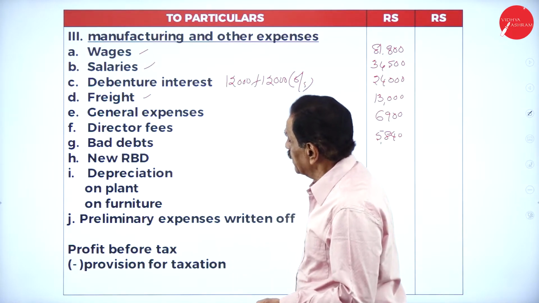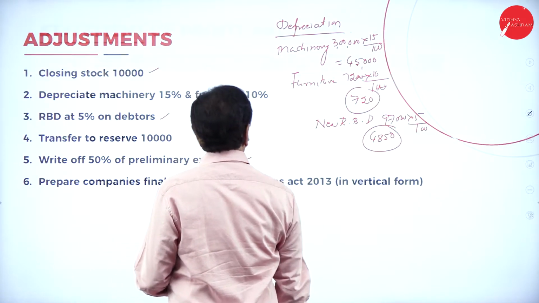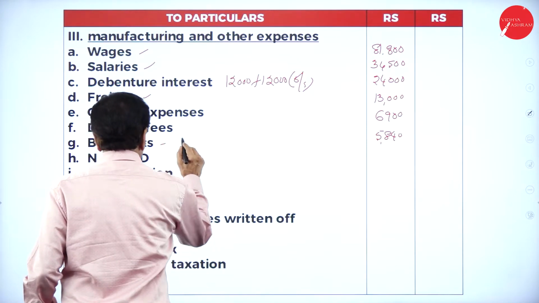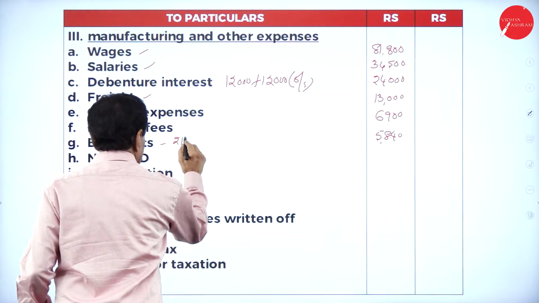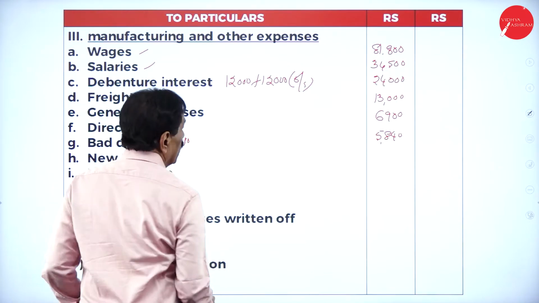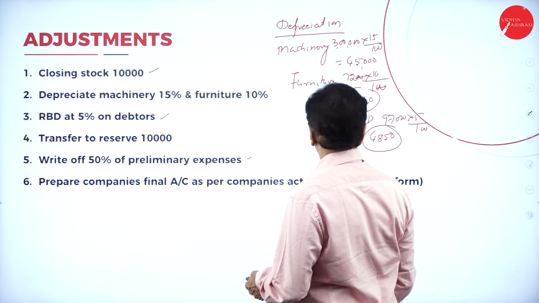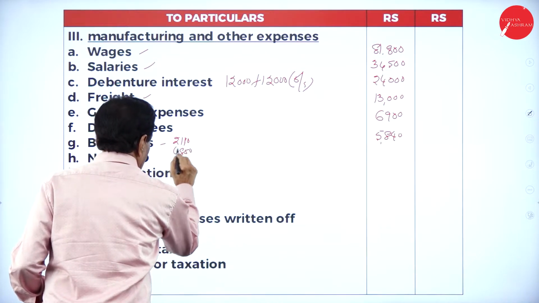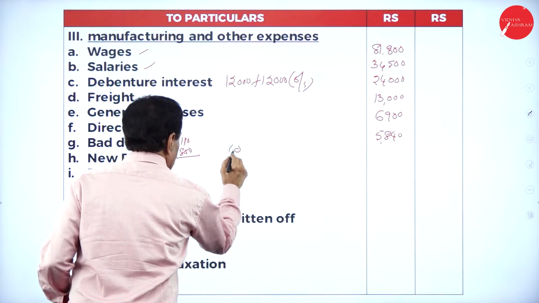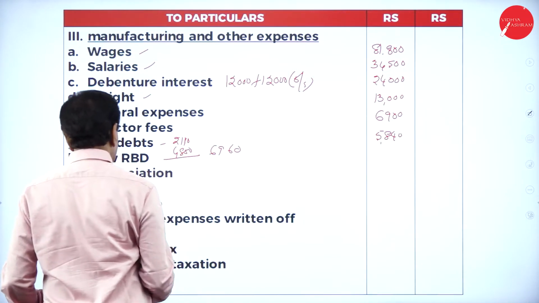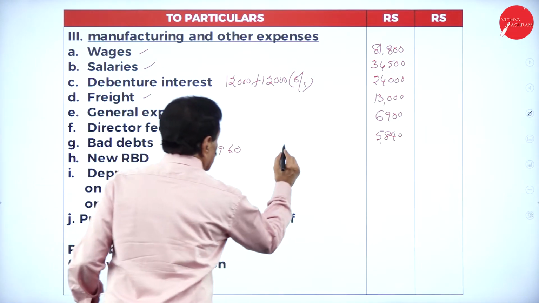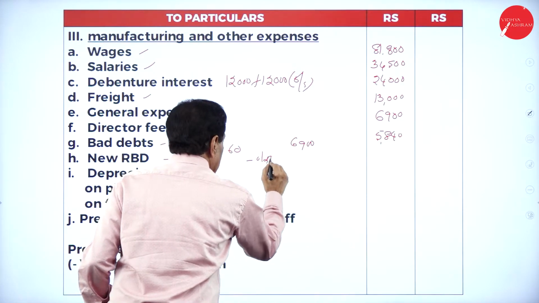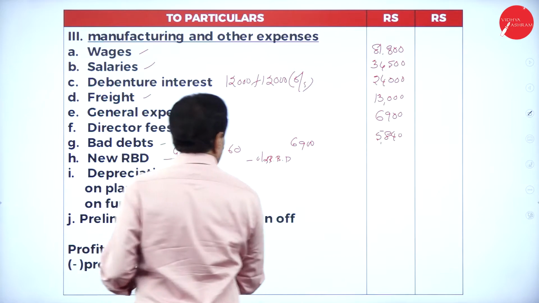Then bad debt. Bad debt is 2,110. Bad debt plus new RBD 4,850. Add 6,960. 6,960 minus old RBD in the trial balance.